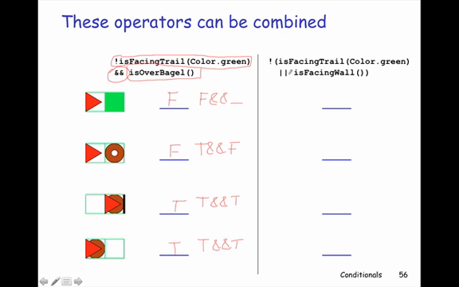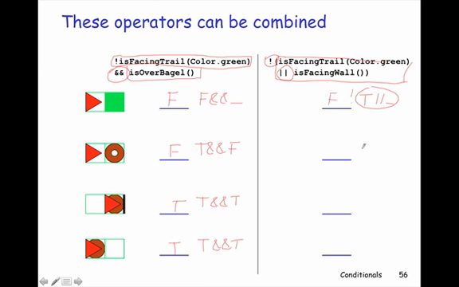In our second example, we are going to calculate is facing trail color green and combine it with is facing wall with an or, and then after we do the or, we are going to take the not of those two. So for example, in the first scenario here, we are facing a color green, that's true, and no matter what we or that with, we will get a true, but we're going to take the negation of that, so that's a false.